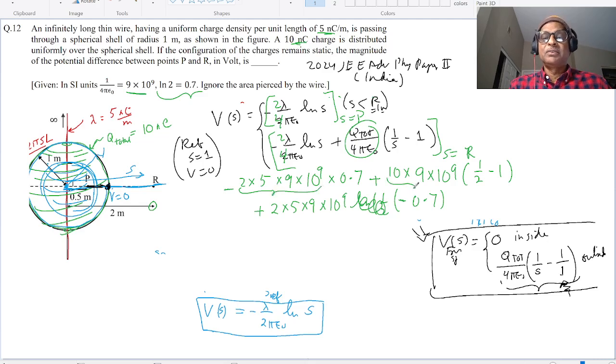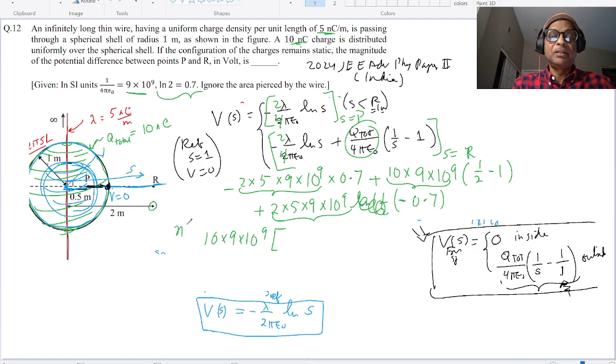This common factor, 10 times 9 times 10 to the power 9, and it's in nanovolts because we left the nano around, and this was 0. Minus 2 of this, so 1.4, and this is going to be minus 0.5.